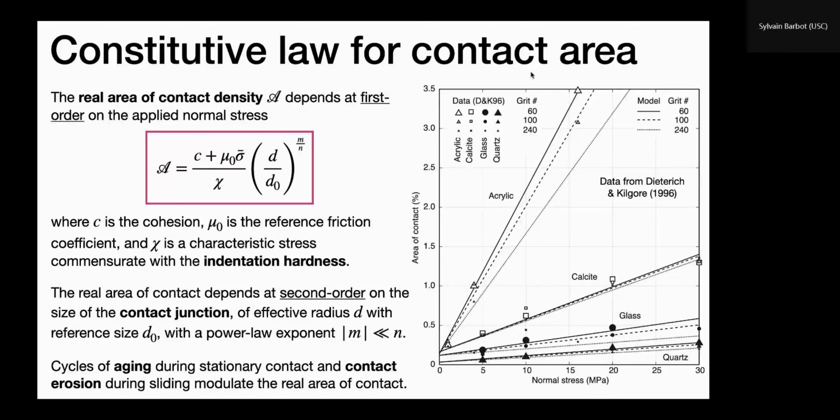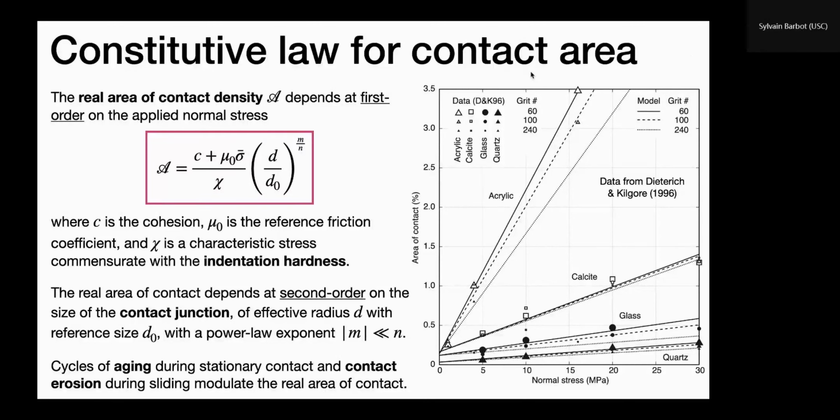Grit is a way to control the roughness of the surface. And the higher the grit, the finer the grains on the surface. So it eliminates the large grains, essentially. And so these experiments essentially control the grain size. And so you can basically assume that the size of the contact junction is inversely proportional to the grit number.